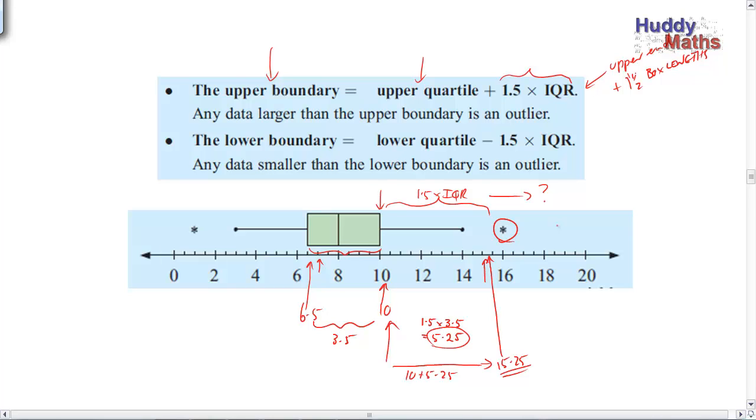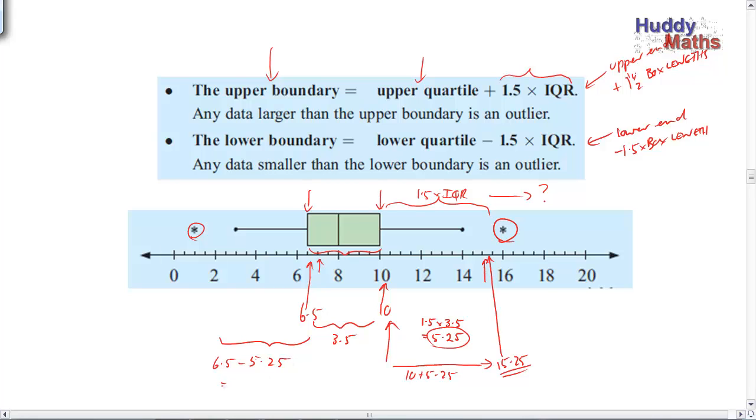What about on the lower end? We've got one here. So what do you do there? Well, you go to the lower end of the box, lower quartile, and we see if it's too far off the end. Lower end minus 1.5 by the box length. Okay, so what is it here? Come over here. We've got 6.5. So it's going to be 6.5 minus 1.5 times 3.5, minus 5.25.